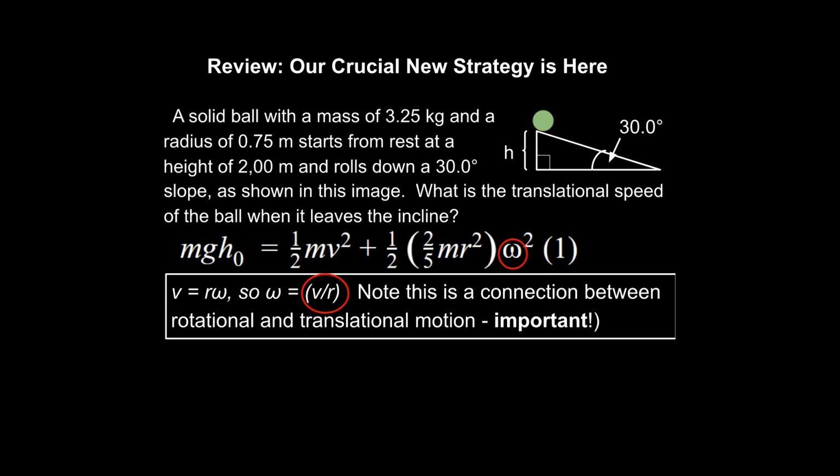And so we're going to use that. We're going to isolate for our angular speed over here, and we're going to sub in what that is equal to over here to be able to continue and do the problem. That is the crucial new strategy. And as long as you can remember to do that, maybe you practice this a couple times, you're going to be totally fine. This is not that tough, but you have to remember to be able to do this.